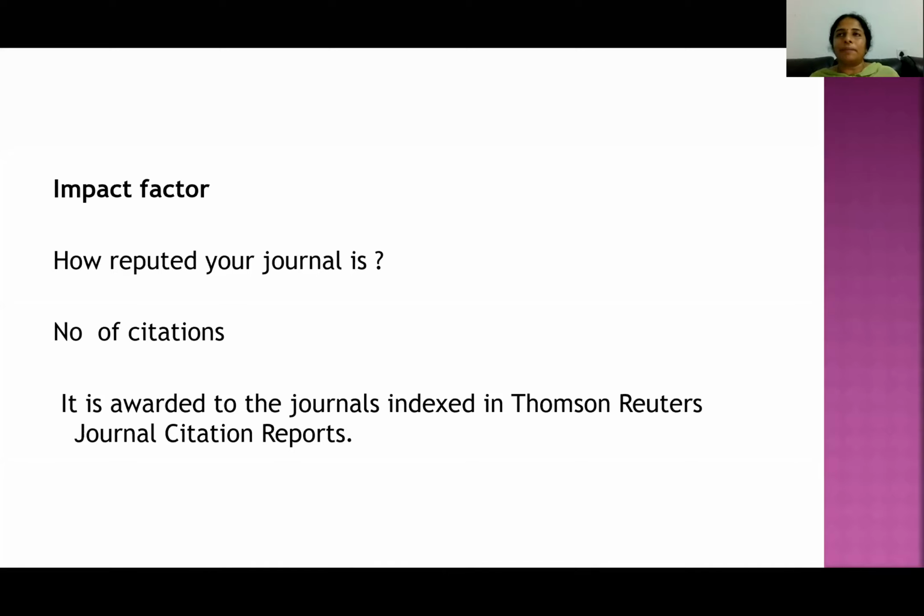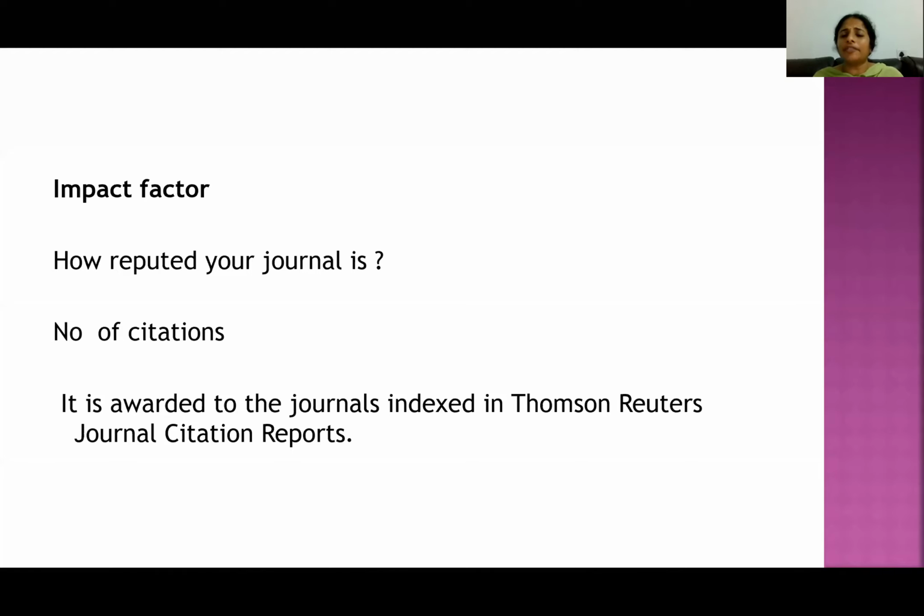Impact factor simply means how reputed your journal is, how much people are reading it, finding it good, and citing the findings of that journal in their articles. More citations mean more impact. That is how impact factor is decided.